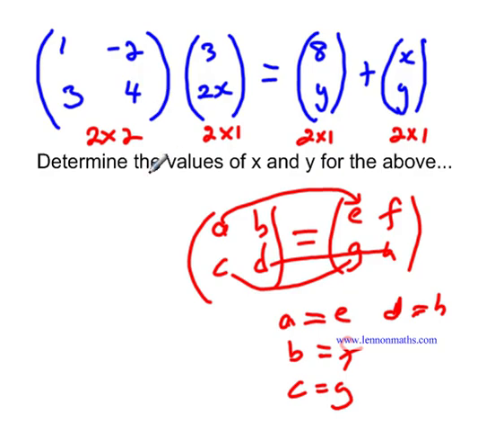Now when I multiply these two matrices, what will I get? There are some principles we should be familiar with. In order to multiply two matrices, the inner numbers should be the same. In other words, the column of the first should match the row of the second. Because they're the same numbers, we're allowed to multiply them.